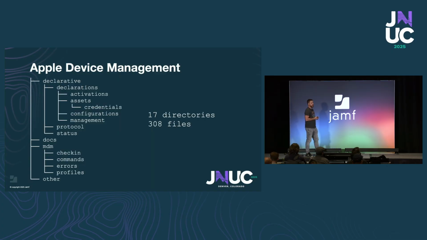There are a couple of directories there where we can see declarative management, where we have declarations like activations, assets, configurations, and other stuff like status. And we can also see MDM, where we have check-in, commands, and of course profiles. It contains 17 directories and 308 files.